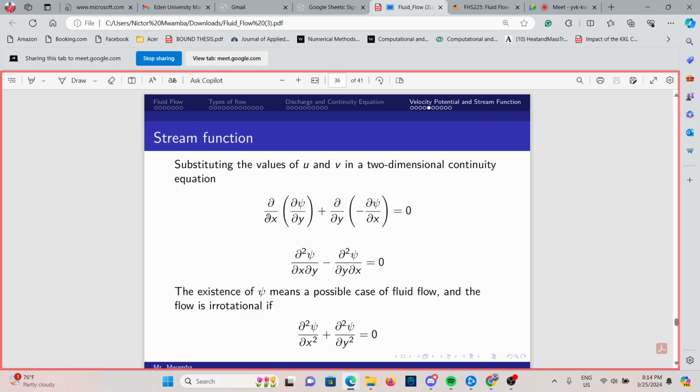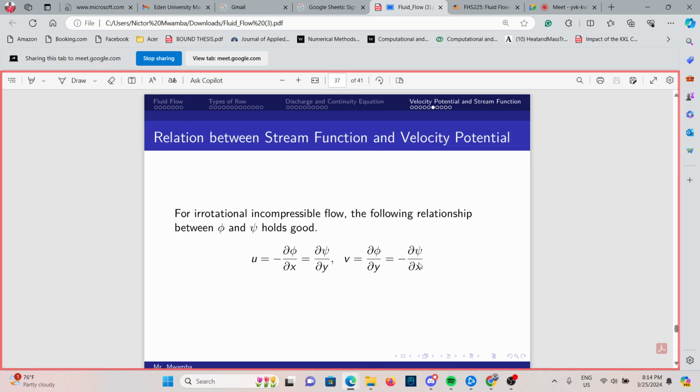We can also substitute it in the continuity equation, and then you obtain this equation here, the equation at the bottom here, because our u and our v have been found using the stream function. Then differentiating this further, you obtain these derivatives here. So there's a relationship between the stream function and the velocity potential.